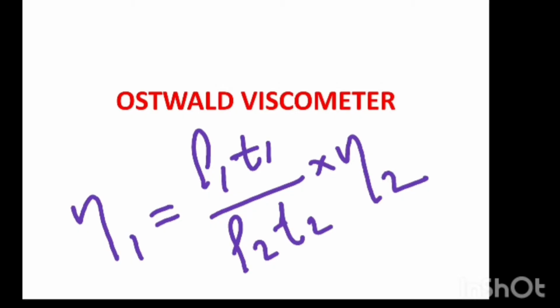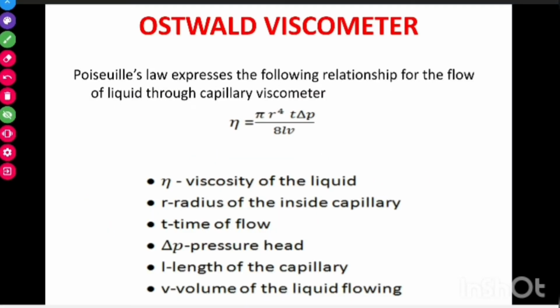Now we are going to discuss the derivation part. Poiseuille's law expresses the following relationship for the flow of liquid through a capillary viscometer. As we know, Ostwald viscometer and capillary viscometer are the same.